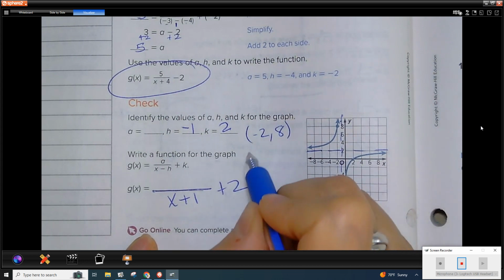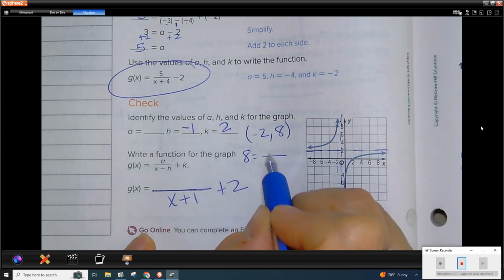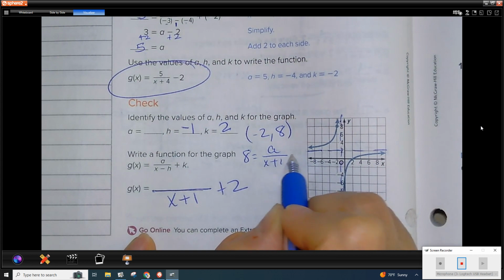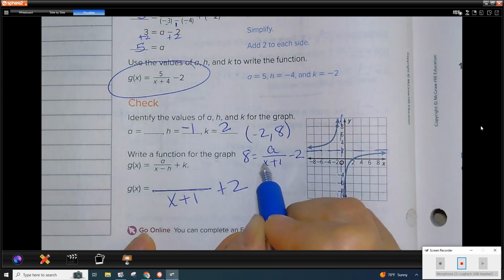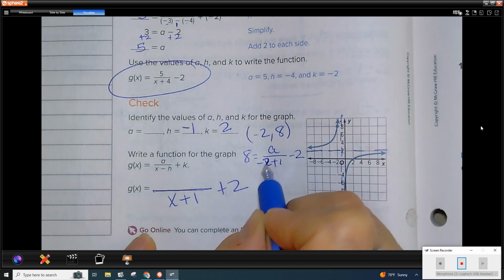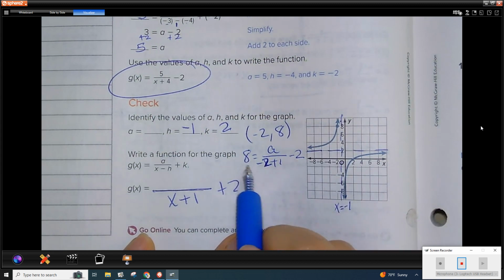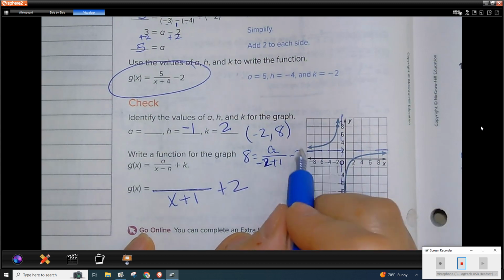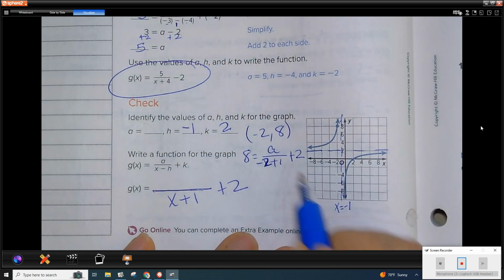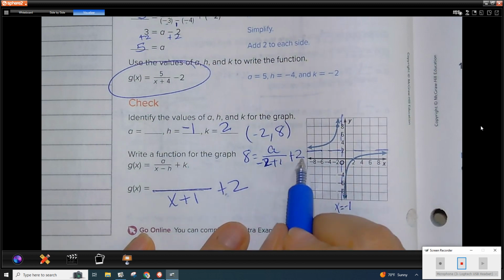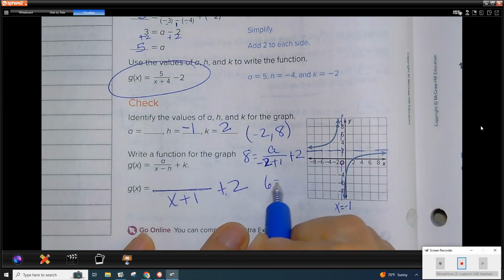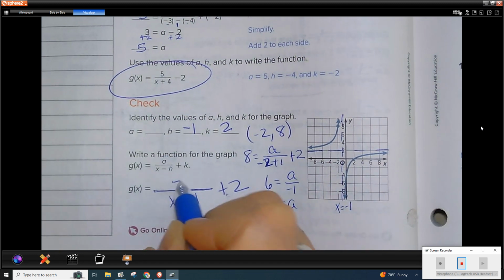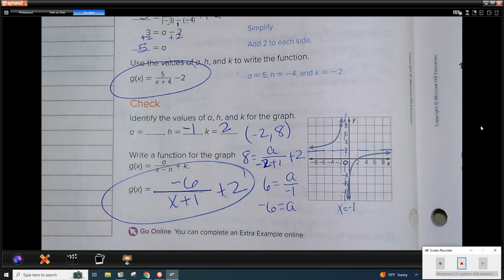So I get 8 equals a over x plus 1, plus 2, and for x, I'm going to put negative 2. If I subtract 2, I get 6 equals a over negative 1. Cross multiply, negative 6 equals a. So your final function is that.